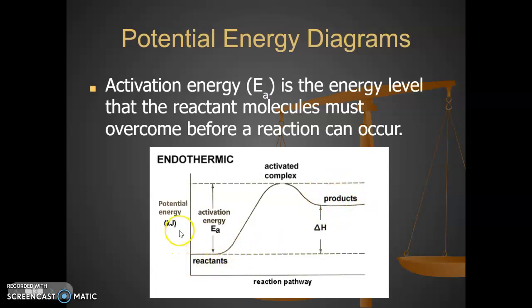Because remember, our energy is plotted right here on this y-axis. So if you're taking a look at one of these potential energy diagrams, we can tell whether it's endothermic or exothermic based on the energy of the products compared to the energy of the reactants. So here, because the energy of the products is higher, that means our delta H is going to be positive, which means this is going to be endothermic.